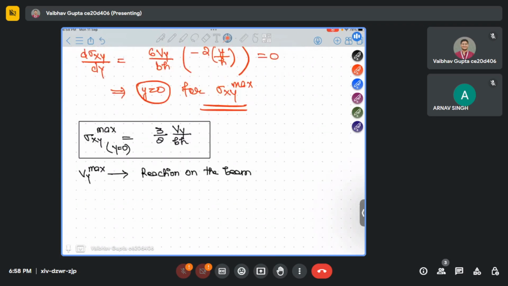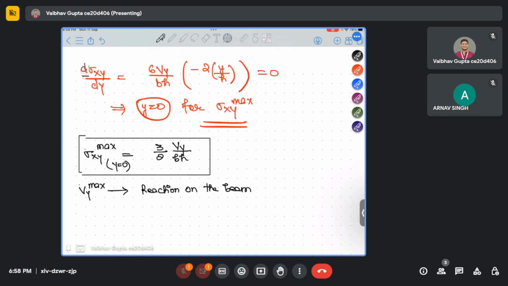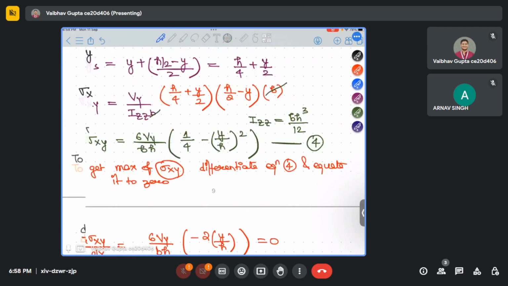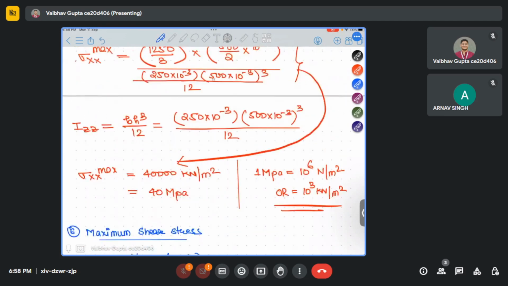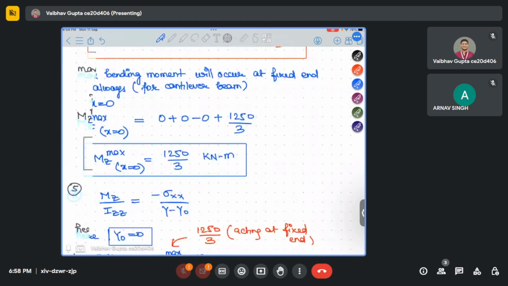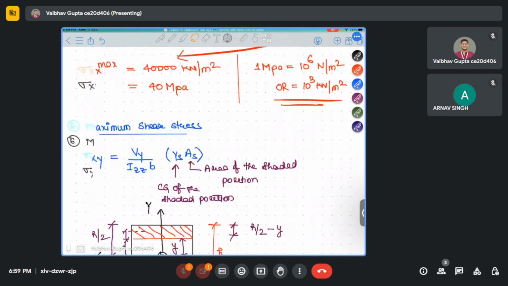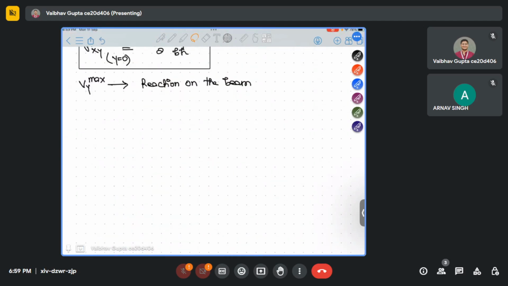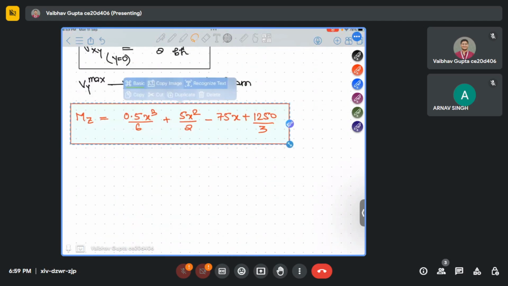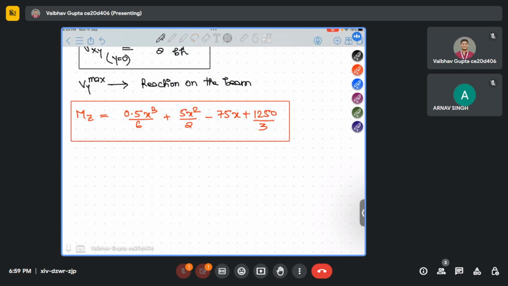I will also show you with the help of the moment equation so that you won't get confused. See, this is the equation of moment we got, the bending moment. So we know the equation dMz by dx plus Vy is equal to 0.